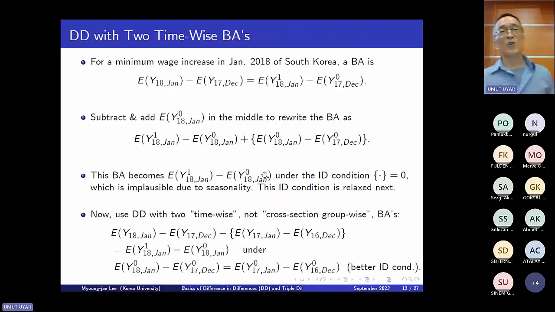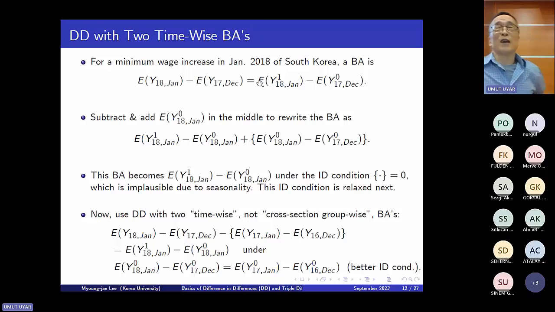Here is a variation of DD. So far, I looked at DD as a difference of 2 BAs. In South Korea, in 2018, when a new government came in, they started a minimum wage increase in January 2018.